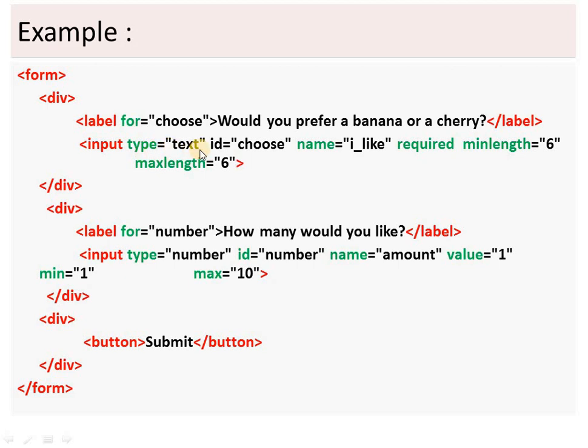Type equals text, and there is also minlength equals 6 and maxlength equals 6. That means it should be 6 characters only. After that, you can see this one has type equals number, with max equals 10 and min equals 1. So this is an example.